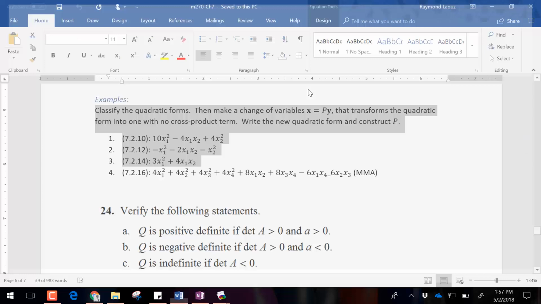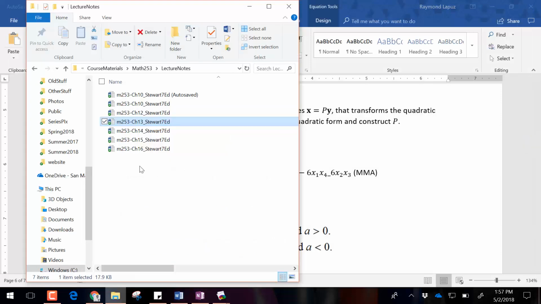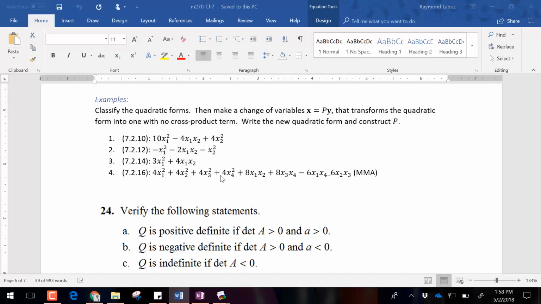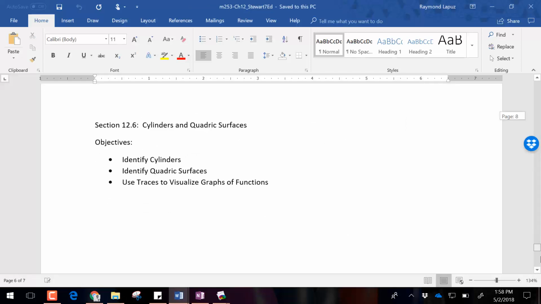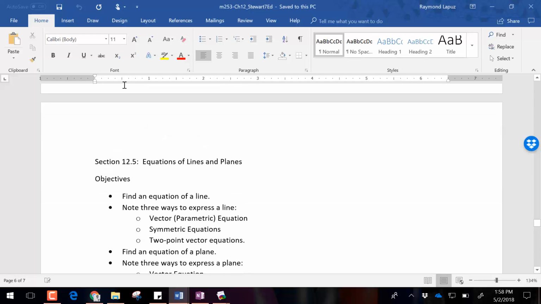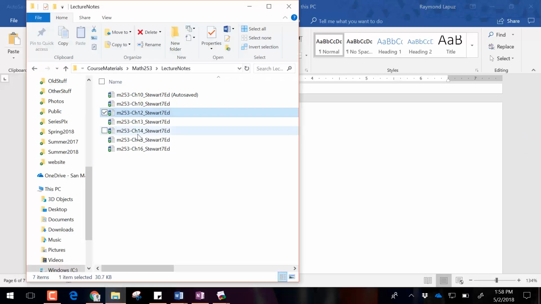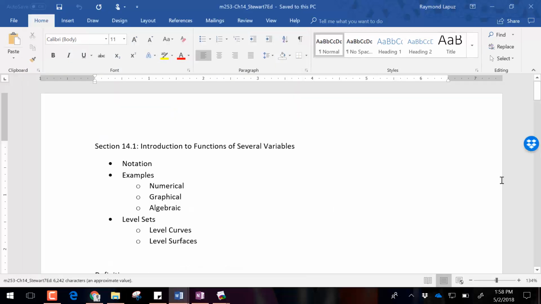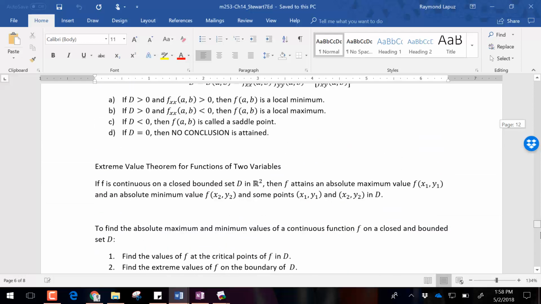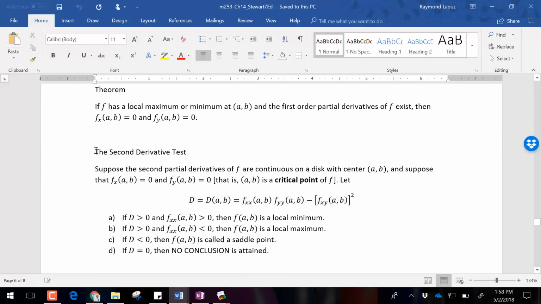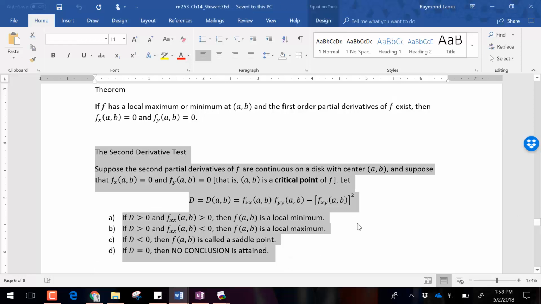Vector valued function. There we go, functions of several variables. So this is the second derivative test as stated in a calculus class.